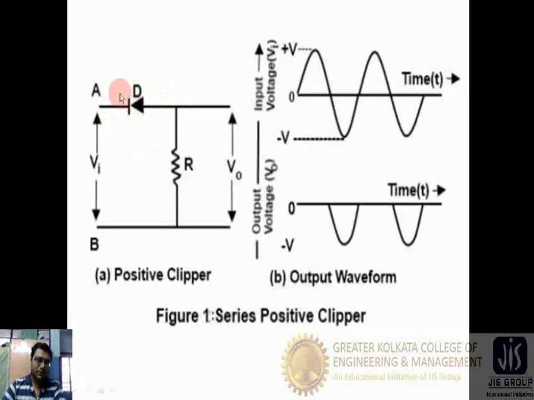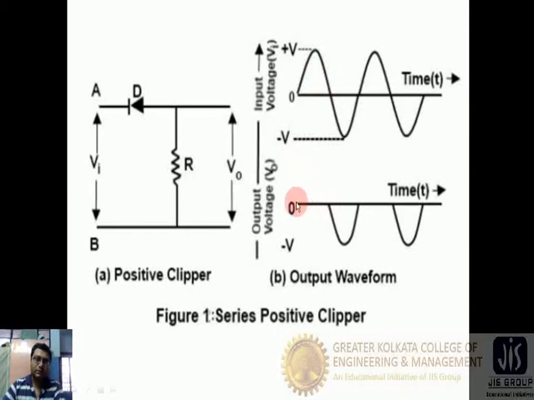When the diode is in reverse bias, it does not conduct, it acts as an open circuit and there will be no current flow through this circuit. When there is no current flow, we get zero potential at the output voltage. So when the positive peak is there, there will be no current flow and we get a zero output.